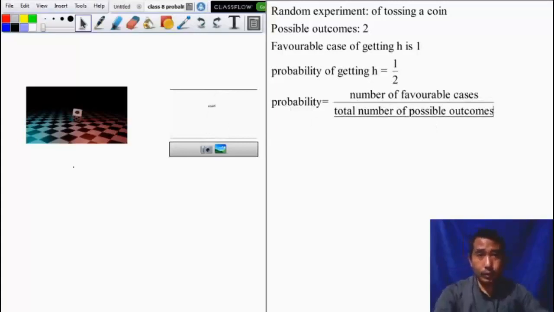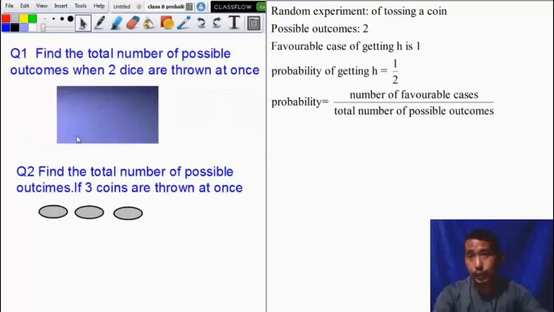So if you understand these ideas, now I have one question which I want you to try, to test your understanding. The question is, find the total number of possible outcomes when two dice are thrown. Instead of throwing one die, as in the first case, here we are throwing two dice. So when we throw two dice, what are the total number of possible outcomes that you have to find out?